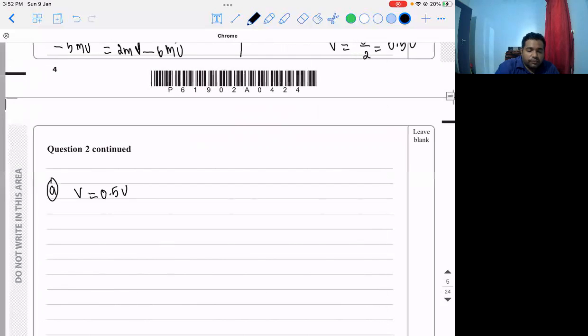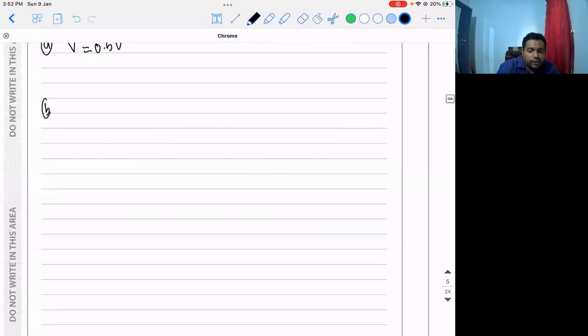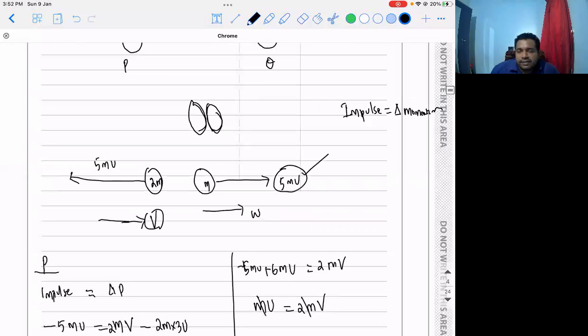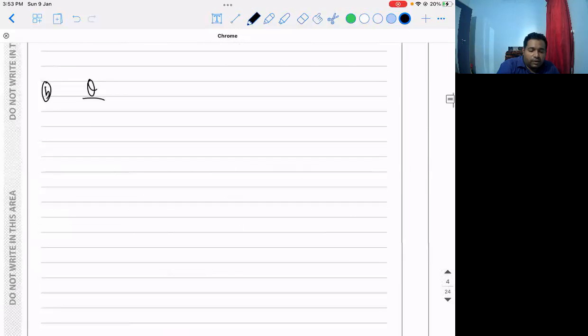Then we'll move to the B part. That is about Q, the particle Q. And we know from this figure, it's collided and it gets an impulse. That is 5MU, correct? The particle is moving forward.